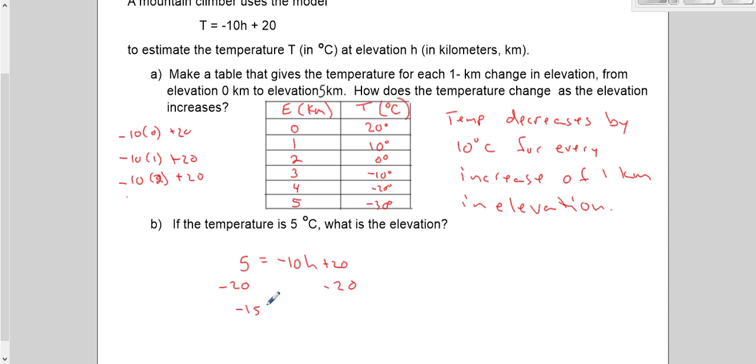I get negative 15 equals negative 10 H. Divide by the negative 10. That gives me H. Negative 15 divided by negative 10, I will get 1.5. So 1.5 kilometers. Make sure you label the units.